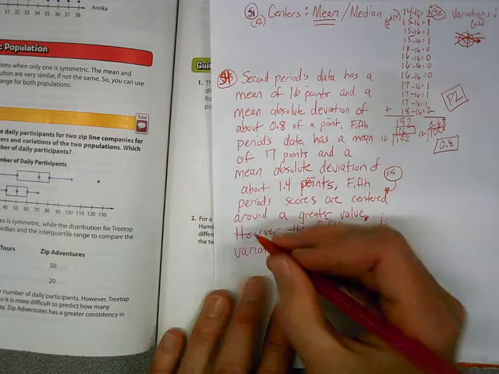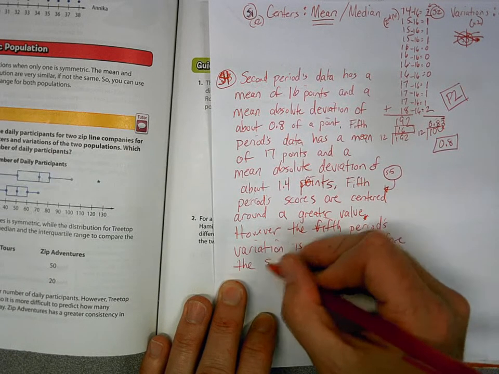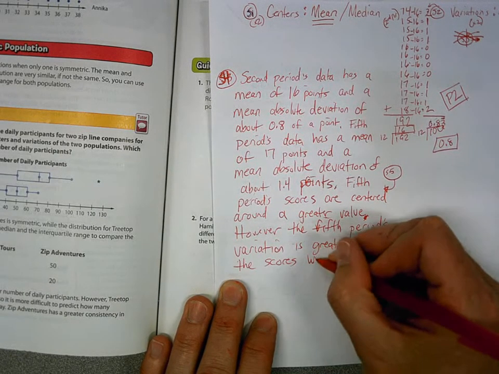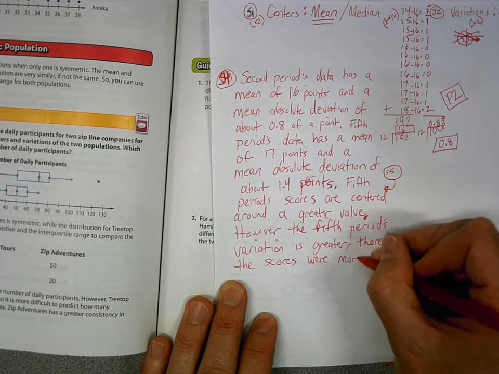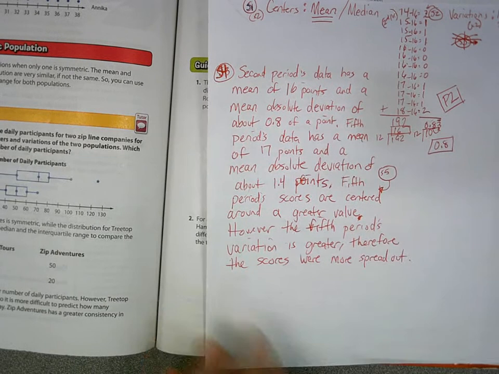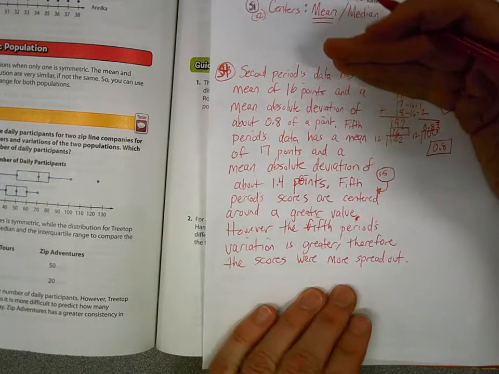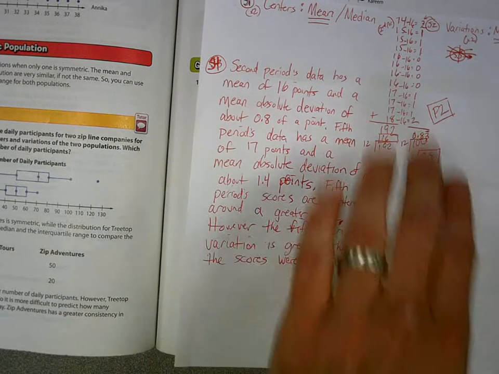Therefore, the scores were more spread out. All right? It's a lot of writing, guys, for just pretty much putting what we just found mathematically into sentences.